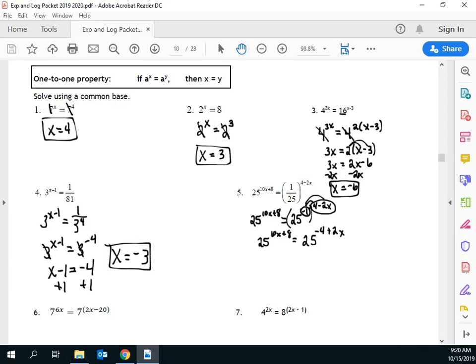Do an equation where both bases are equal? Yep. And now we have just a simple one variable equation to solve, right?